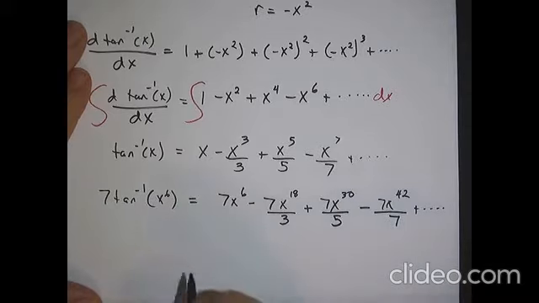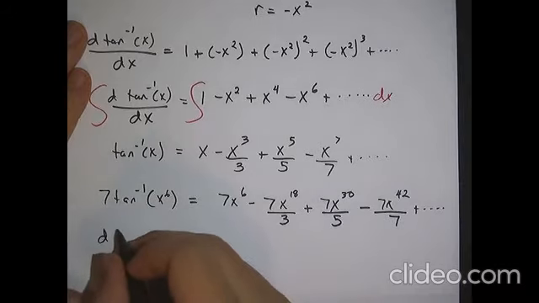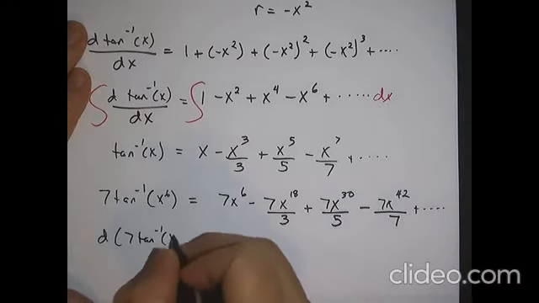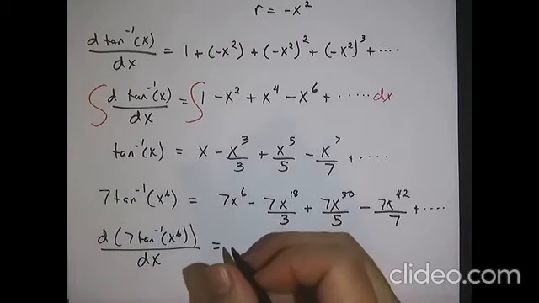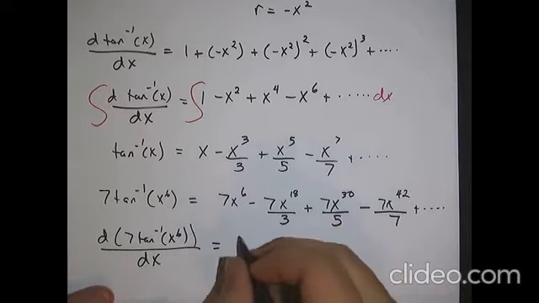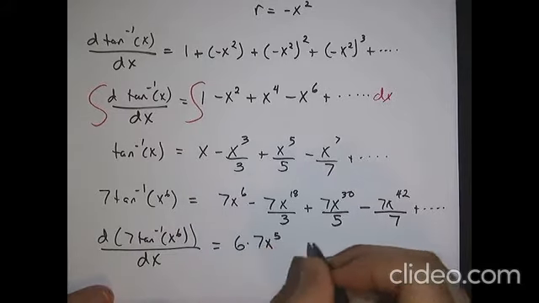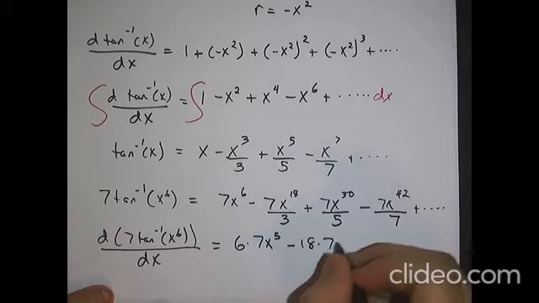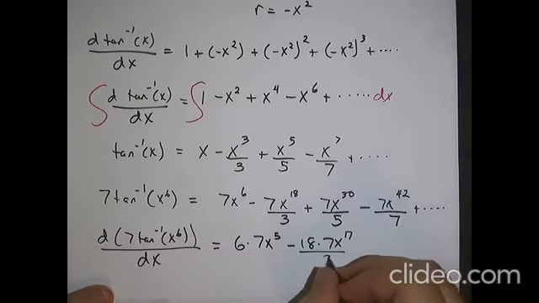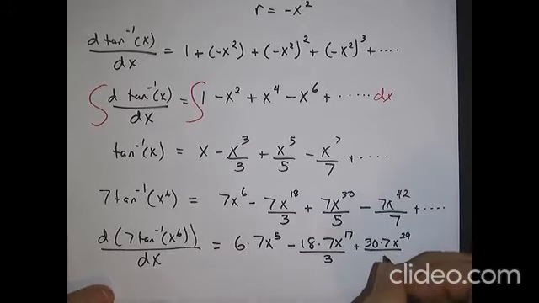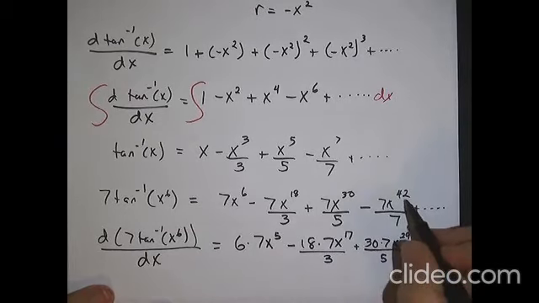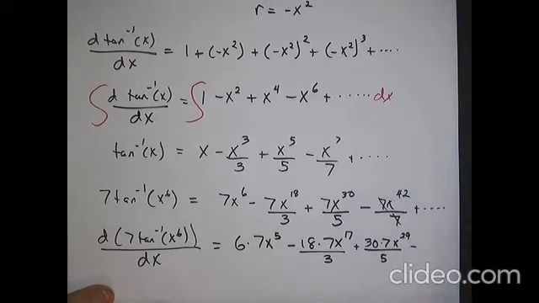Okay, so if we take the derivative, d/dx of 7 tangent inverse of x to the 6th is equal to 6 times 7 x to the 5th minus 18 times 7 x to the 17 over 3, plus 30 times 7 x to the 29 over 5, and then minus, let's see, this one the 7's would cancel, which makes that a little easier.